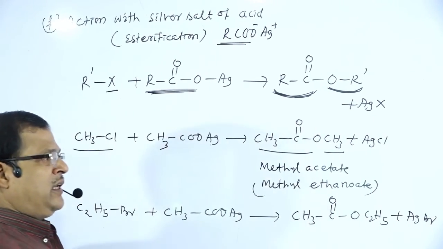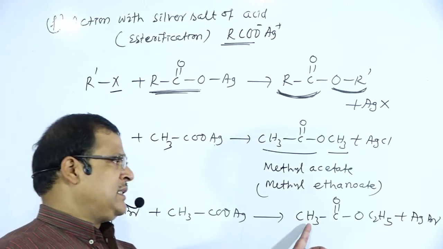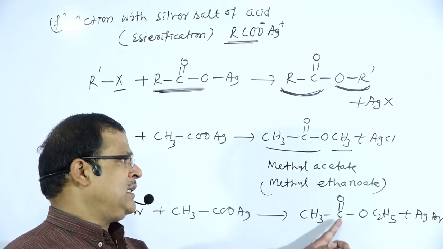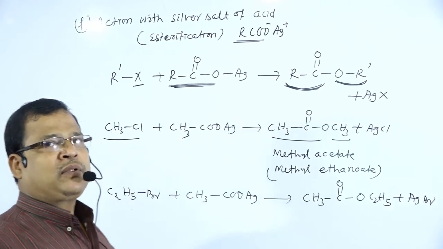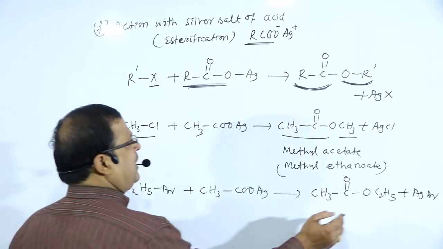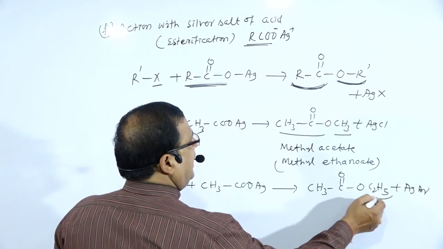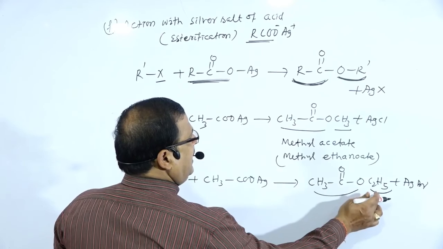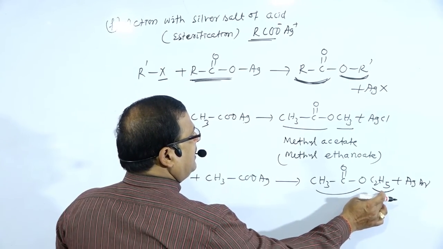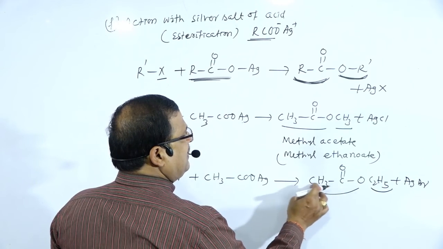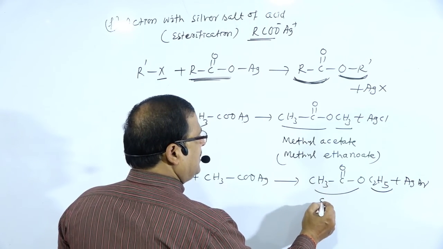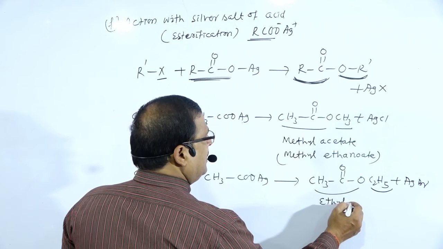Then what will be the name of this compound? It is in the form of RCOOR', the formula for that ester, and esters are named alkyl alkanoate: ethyl ethanoate, because the acid part contains 2 carbon atoms.